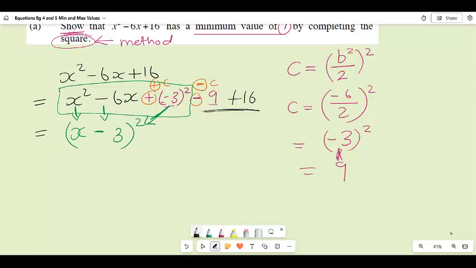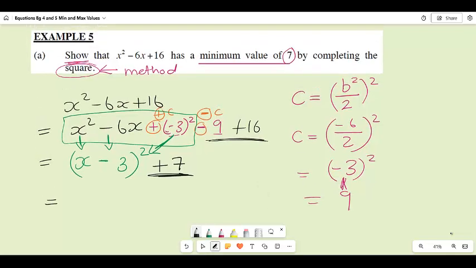And then on the outside, I have 16 minus 9, which is equal to positive 7. So this means that I have that equation, and in essence, this positive 7 is my minimum value. That is going to be my y-intercept. I hope that makes sense to you.